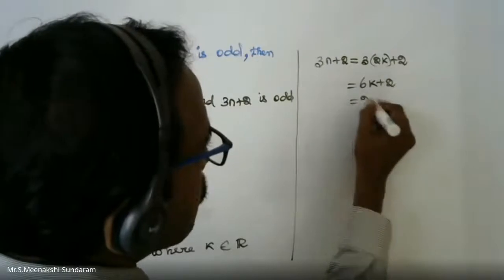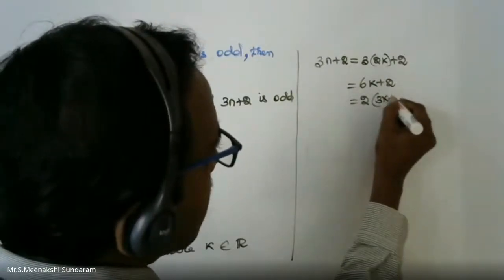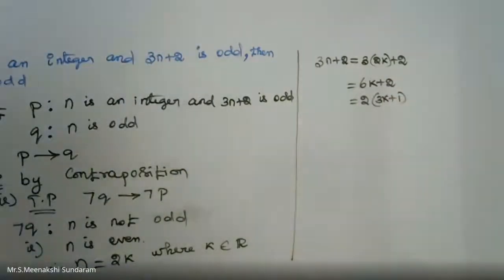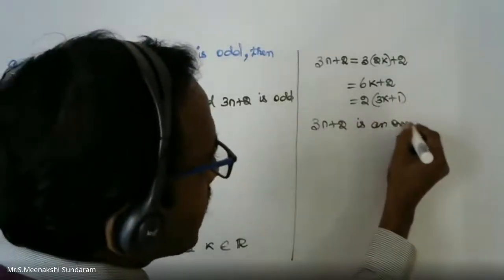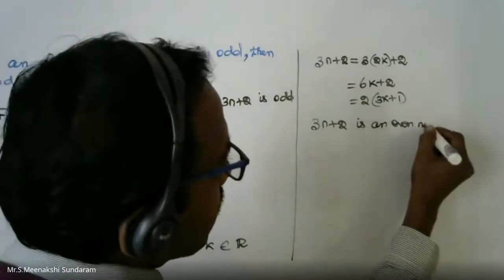I take 2 common outside: 2 times (3k plus 1). Any number expressed as a product of 2 into some other value is an even number. Yes, 3n plus 2 is an even number.